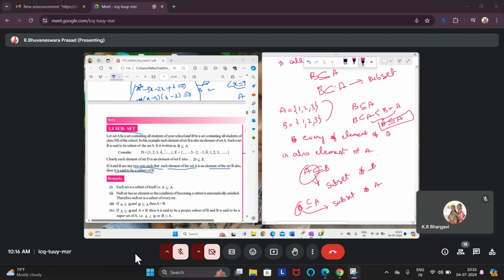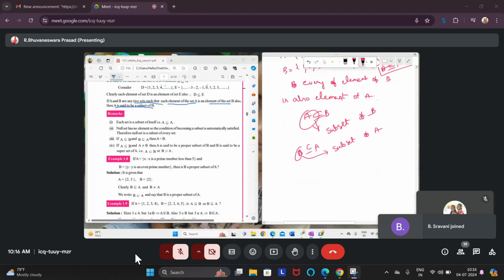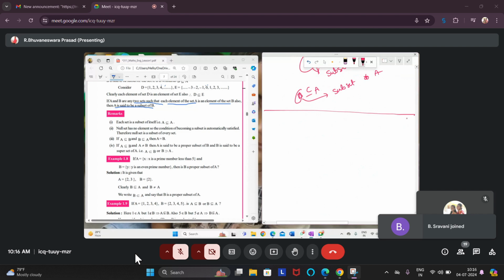Okay, so here are some notations on subset. The first condition is that each set is a subset of itself, Nana.